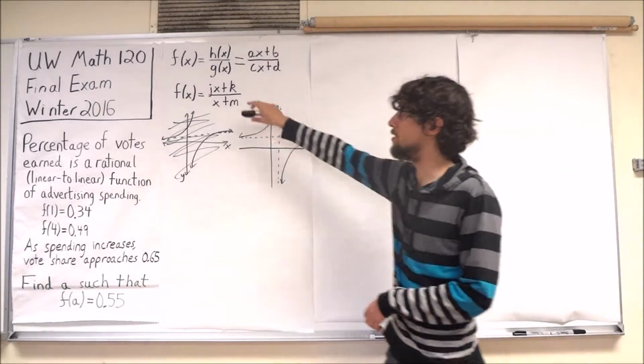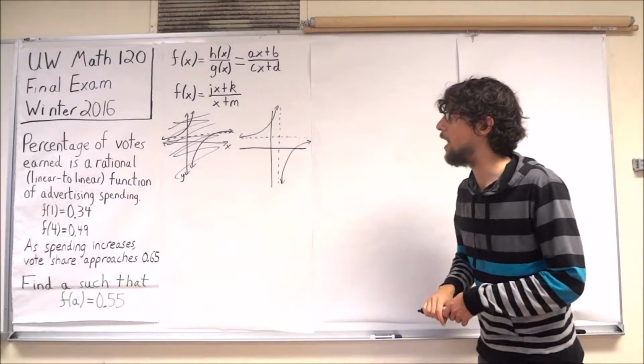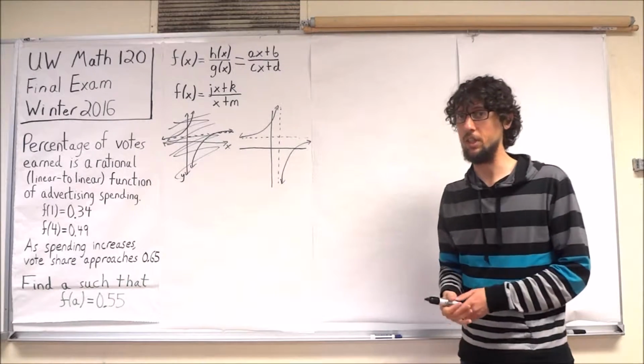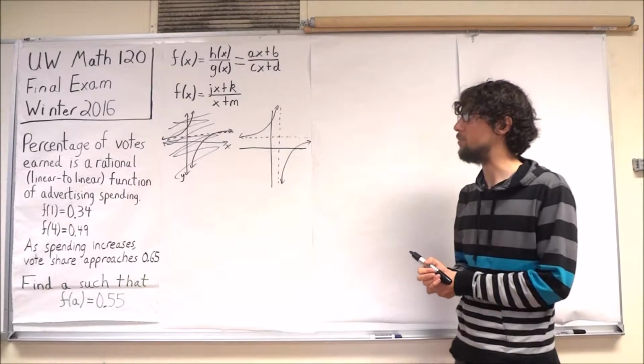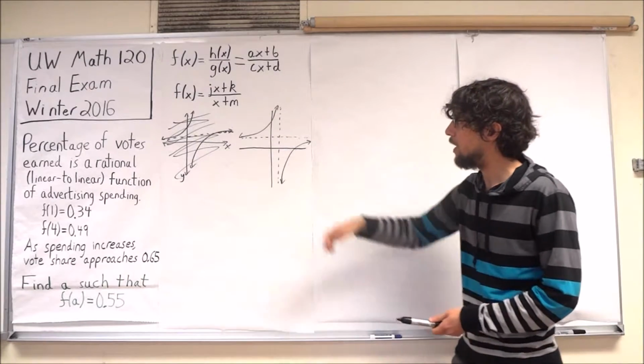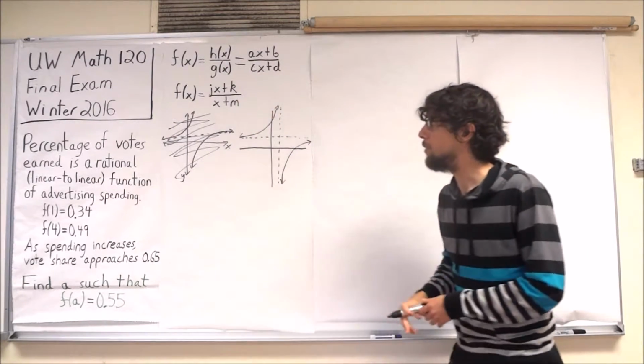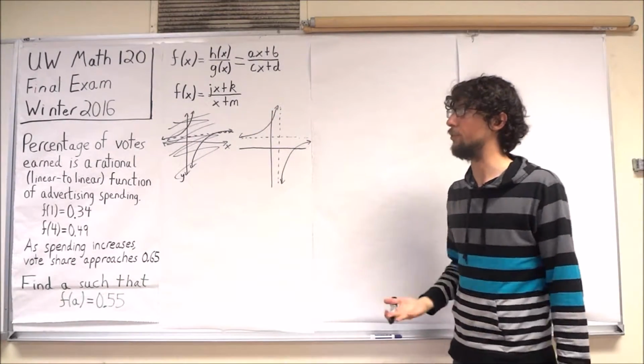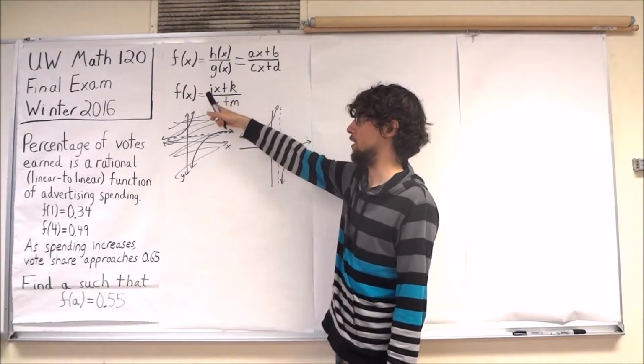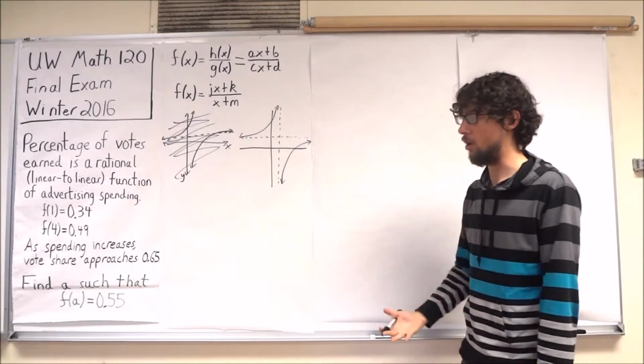Notice what happens to this function as x gets really, really large. Say we have x being 1 billion. This k and this m become relatively insignificant as this jx and this x become quite large.